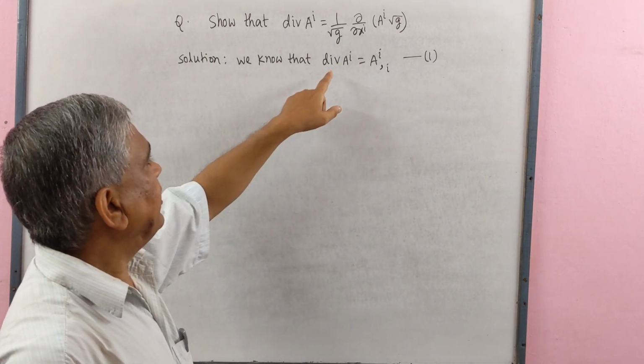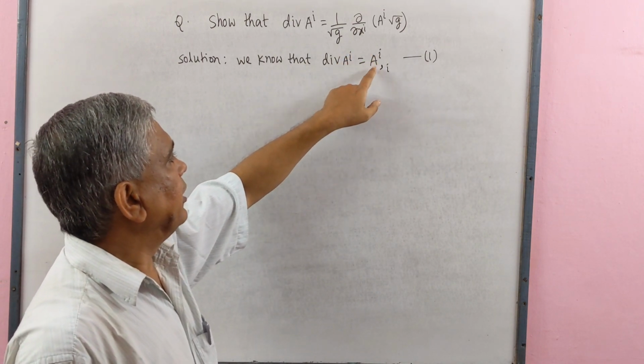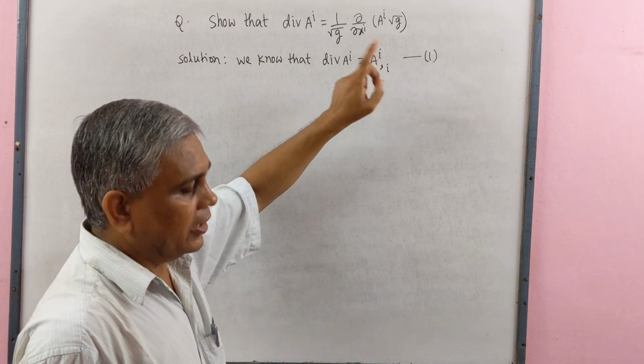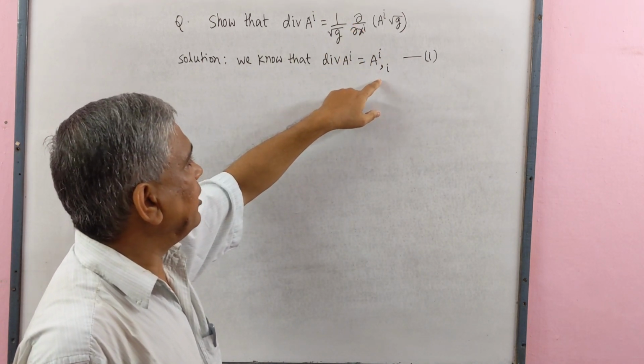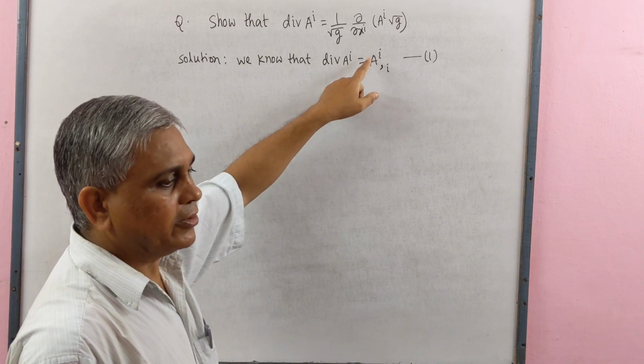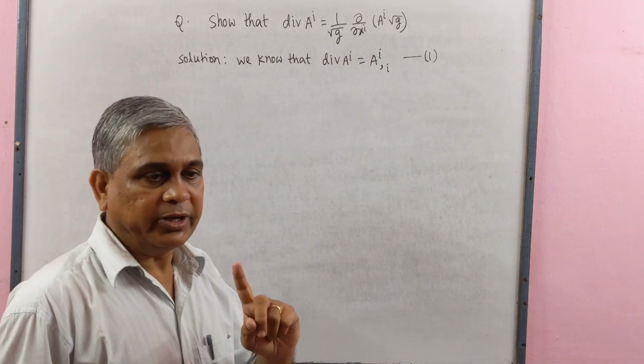Since we know that divergence of A^i equals A^i comma i, which means contraction of the contravariant vector, not covariant vector.